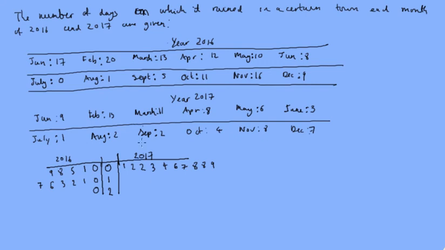And then we have March with 11 and February with 13. And that's all the months for 2017.